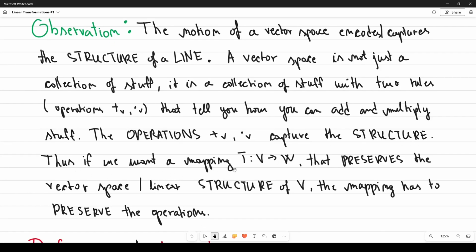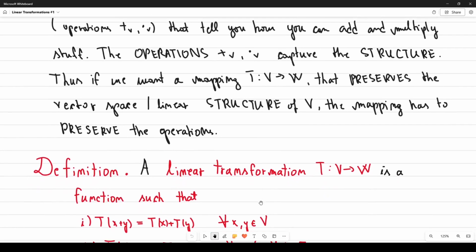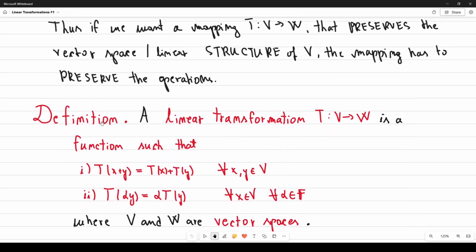Thus, if we want a mapping, a function, a transformation from one vector space V to another vector space W, and we want our mapping to preserve the linear structure of our original space, then the mapping probably has to preserve the operations, so it can preserve that essential linear structure that we're after. Hence why we have the following definition.